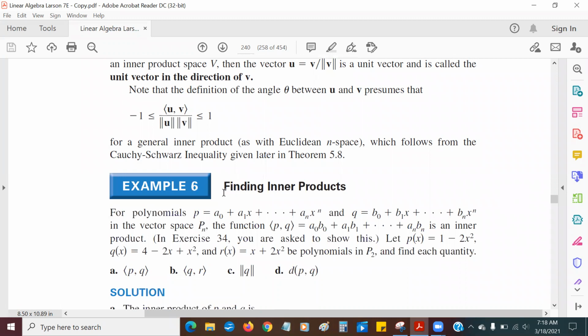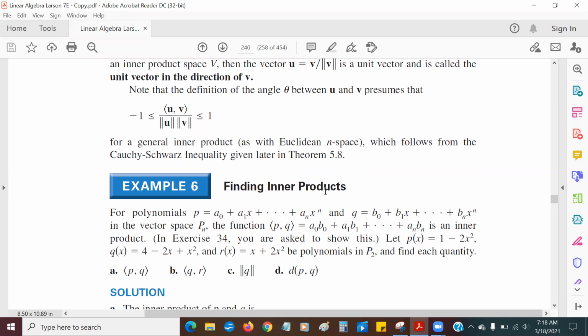So here we have polynomials. So this is Pn. This is all the polynomials of degree n or less. So we have one polynomial p, and that's a0 plus a1x plus a2x squared plus ... plus anx to the n. And then we have a second polynomial q, which is b0 plus b1x plus b2x squared plus b3x cubed plus ... plus bnx to the n.